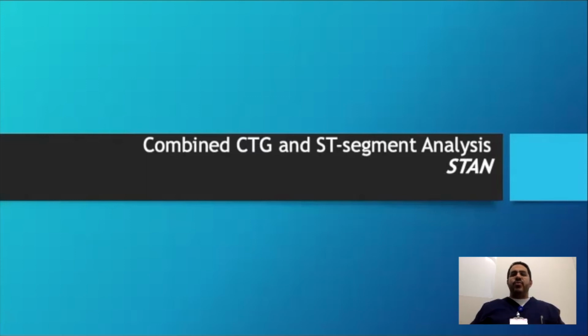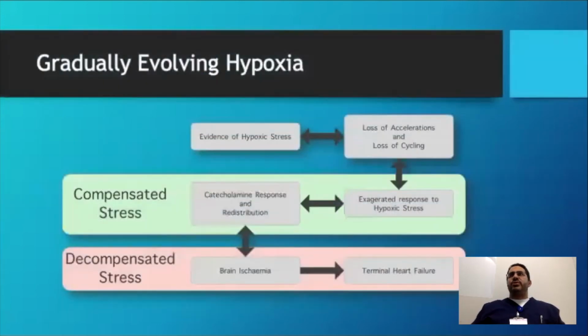When is STAN important? Again, it's a test, so we need to say when we're going to use it. It's only helpful in an abnormal CTG. You ignore it in a normal CTG in labour. Tell me more about that.